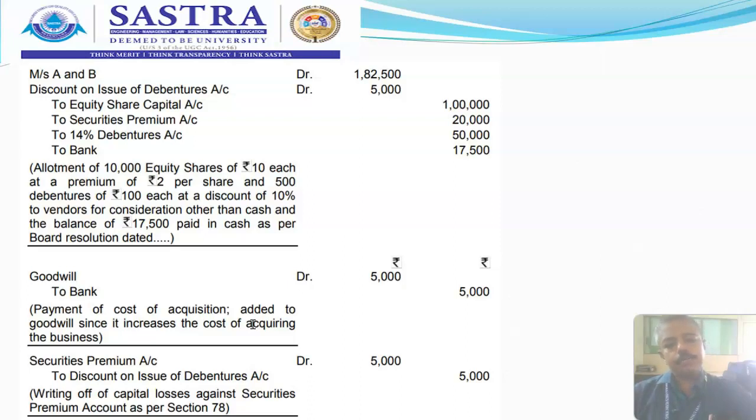Sundry debtors account debited rupees 48,000. Stock account debited rupees 18,000. Furniture and fixture account debited rupees 1,700. And plant and machinery account debited rupees 36,000. Land and building account debited rupees 60,000. And goodwill account debited 24,000.